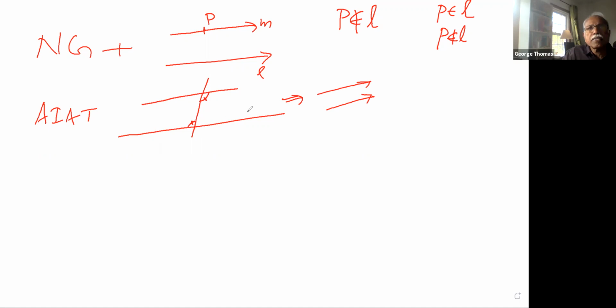So that means that this allows us, given any line, to construct a parallel through a point P not on the line. Why? Because the easiest angle to construct is the 90-degree angle, isn't it? There is a construction for it in Euclid's Elements. In fact, I think it is proposition.